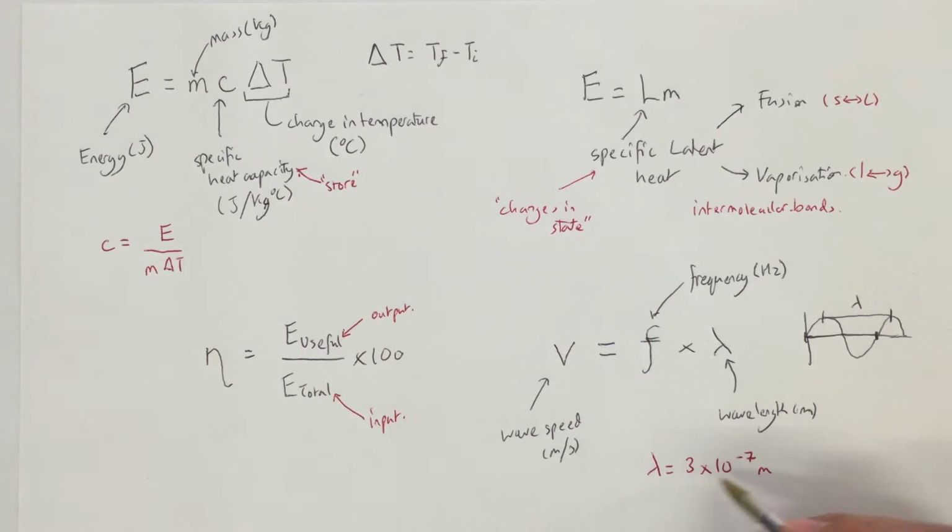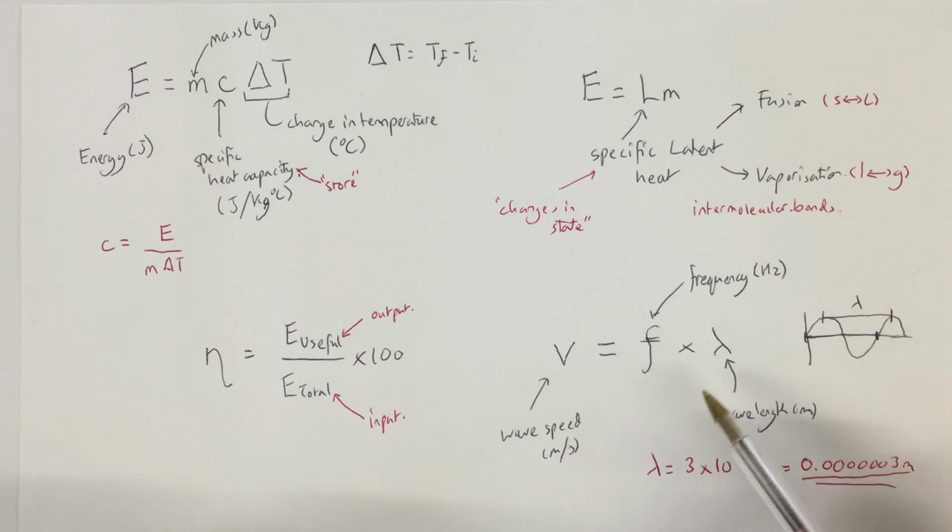So that's the wavelength. Obviously, you can use a calculator and show that that is 0.0000003 meters. So if you can't do standard form and don't understand it, it's important that you have a look at that for the purposes of that particular equation, where it's quite often used.